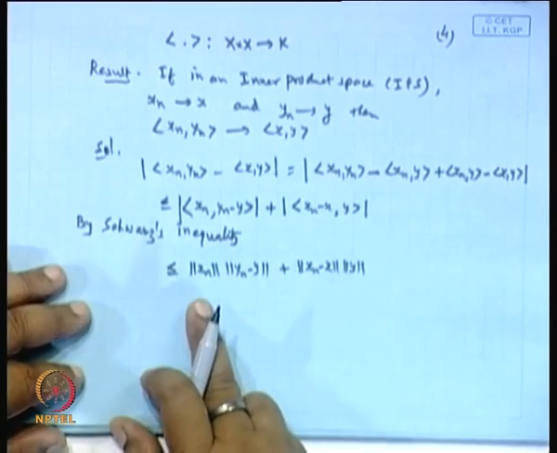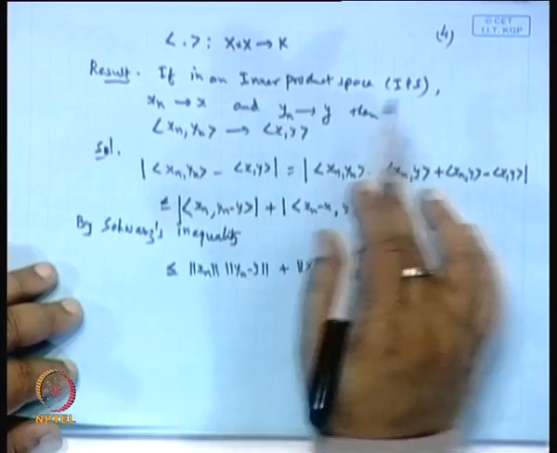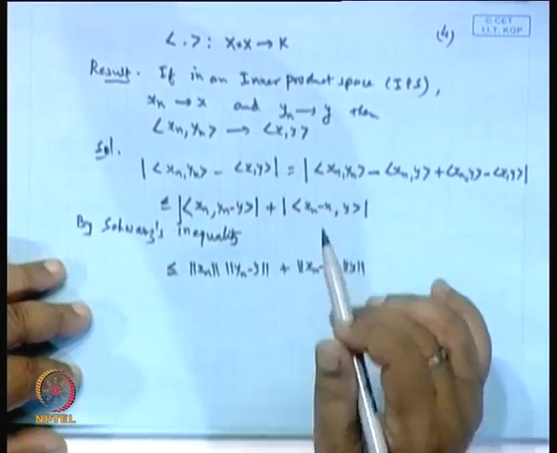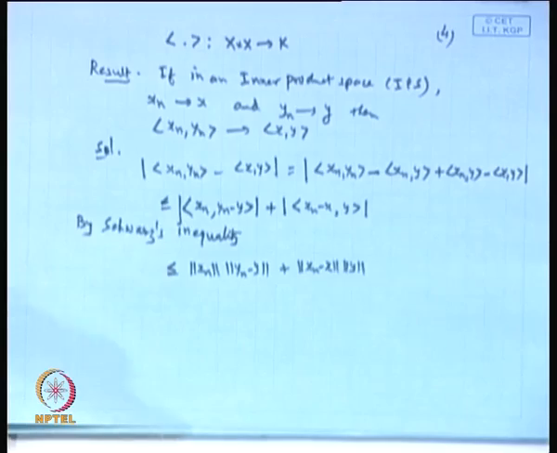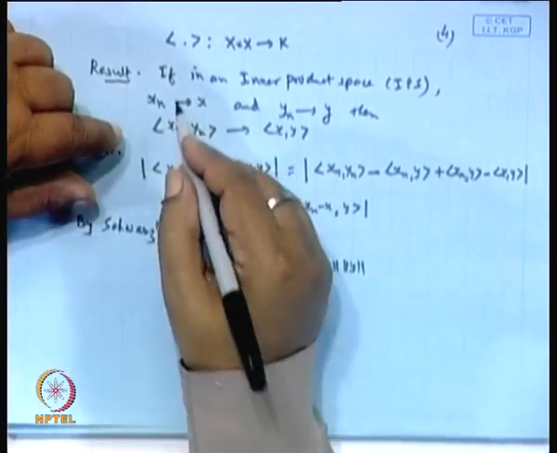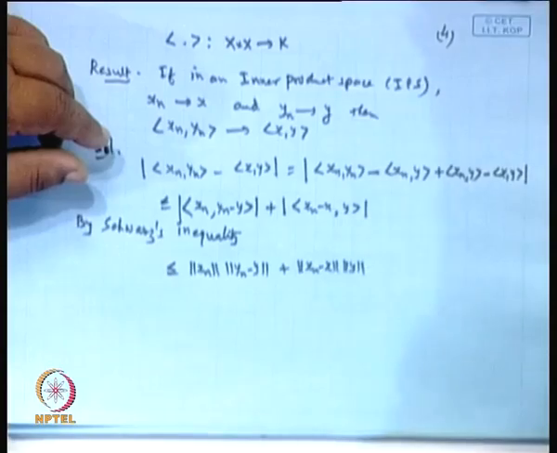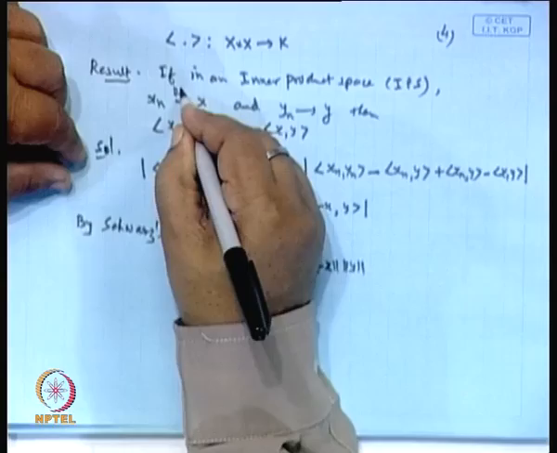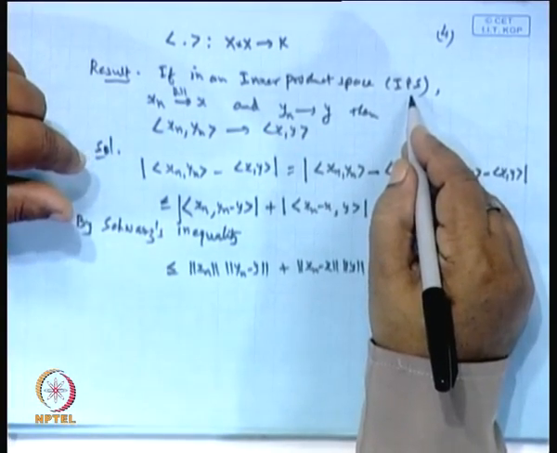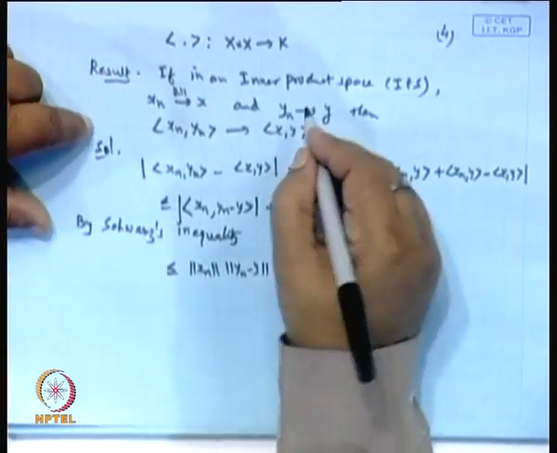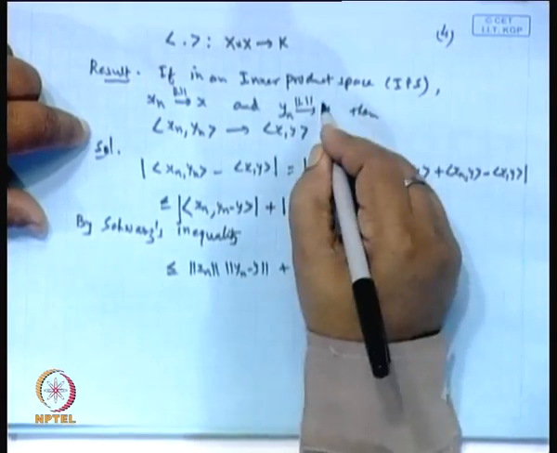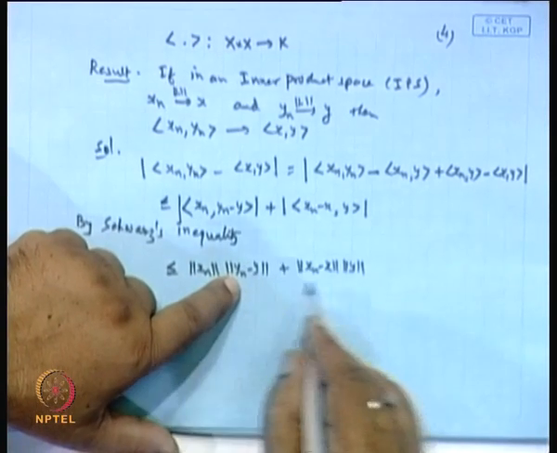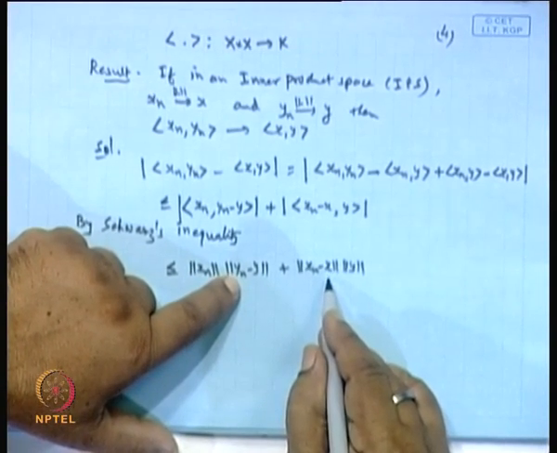Now, it is given that x_n converges to x, y_n converges to y. When we say x_n converges to x, y_n converges to y, it is automatically inherent that it converges in the norm, or the metric, introduced with the help of the inner product. So y_n minus y will go to 0, and x_n minus x will go to 0.